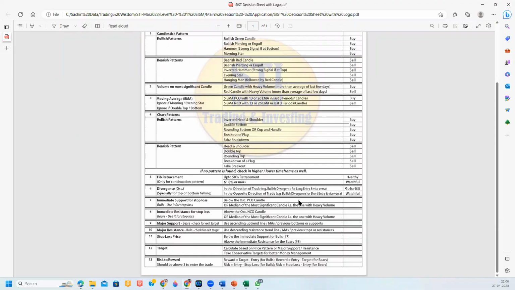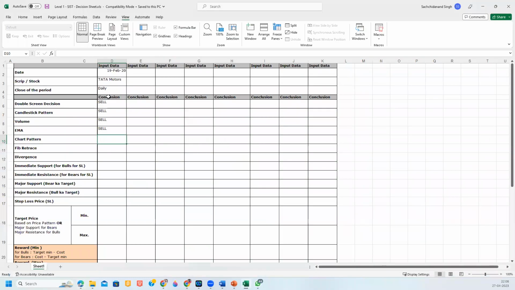So far, all the indicators we have learned are giving a sell signal. In this example, chart pattern is not applicable, Fib retracement is not applicable, and divergence is not applicable. So we need to find the immediate support for bulls or immediate resistance for bears. Either of them is needed for identifying our stop losses.